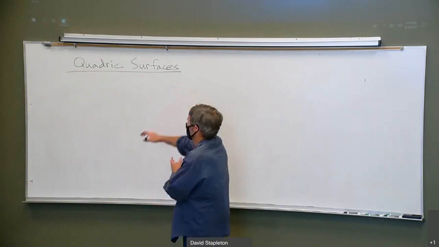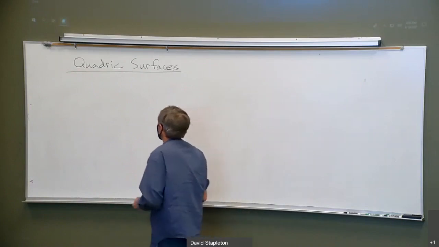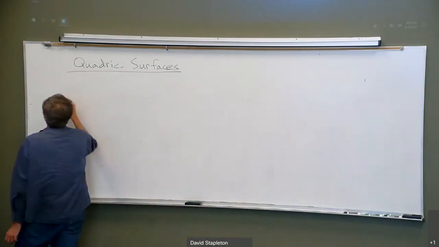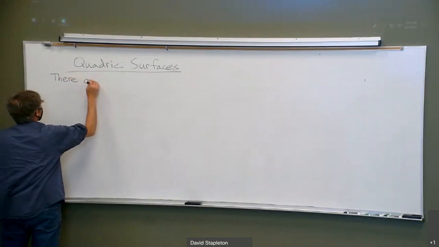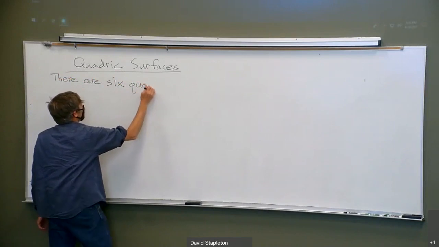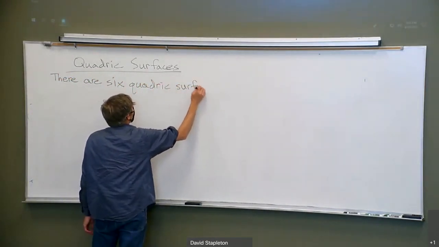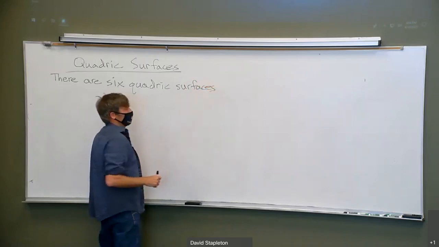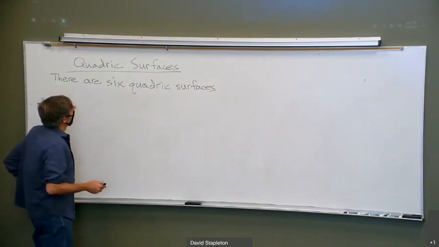Quadric surfaces are sort of the generalization of that, surfaces in free space. We'll say that there are 6 of these, and we'll do them one at a time using conic sections to figure out how to sketch them.